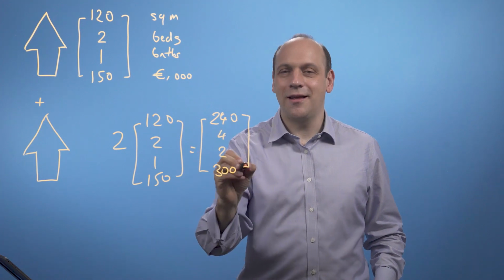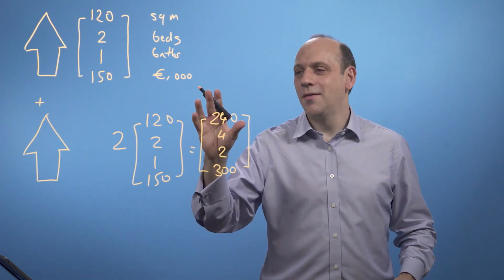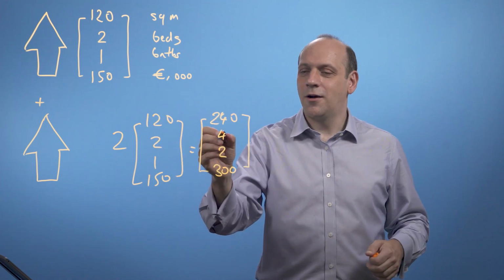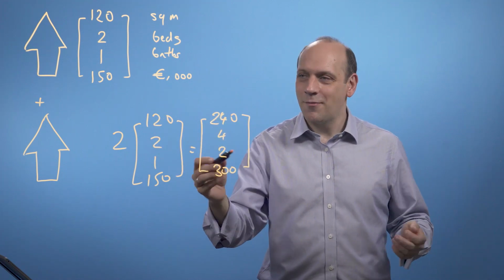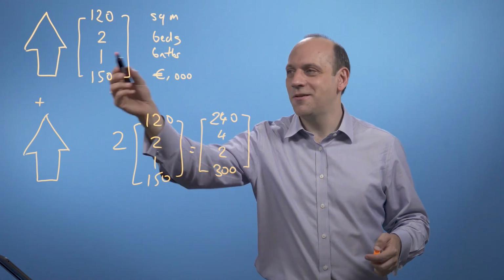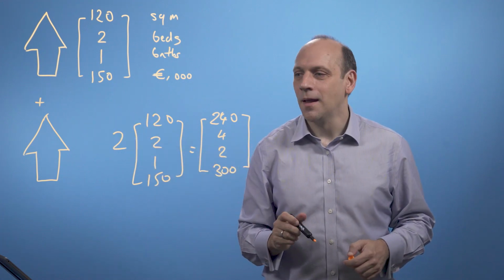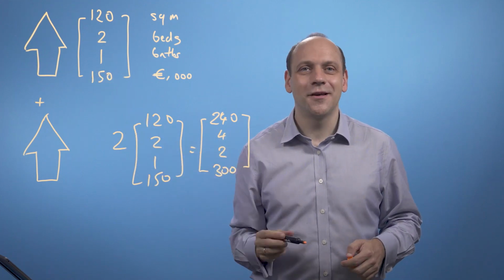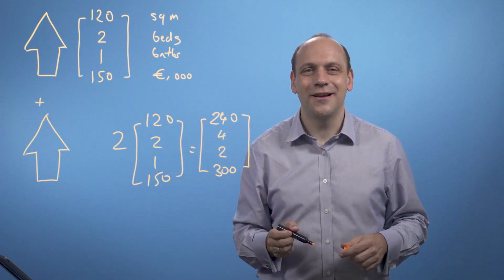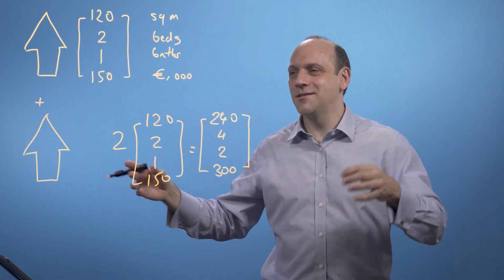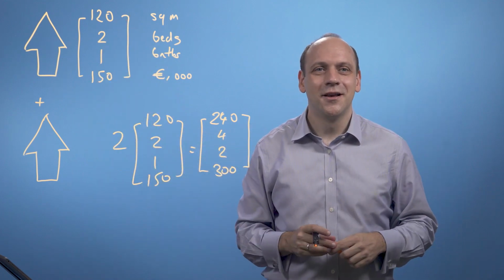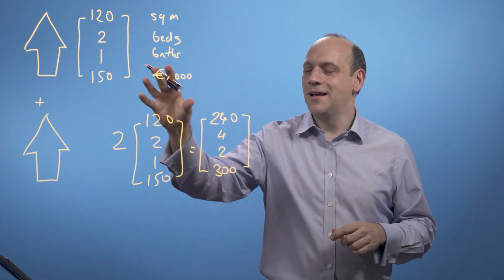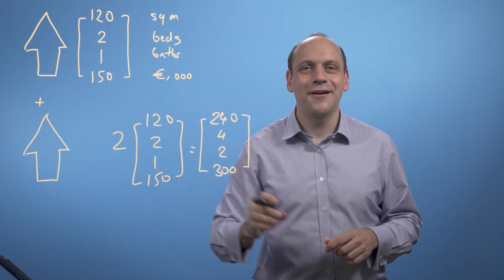So we'd say that in this scheme, the way we're defining it, then 2 houses would be 240 square metres, that makes sense, 4 bedrooms, 2 bathrooms, and worth 300,000 euros if I bought 2 houses identically next to each other. And that would be a scalar multiple or an addition of one house to another. Yeah, one house plus one house. And we could keep on doing that with 3 houses or differently shaped houses or whatever it was, or negative houses. The way we've defined vectors, that will still apply to these objects of houses.